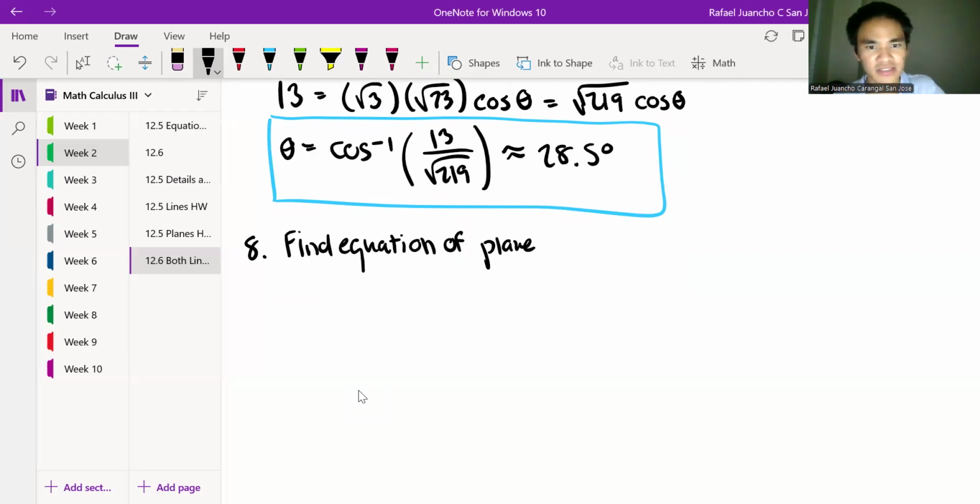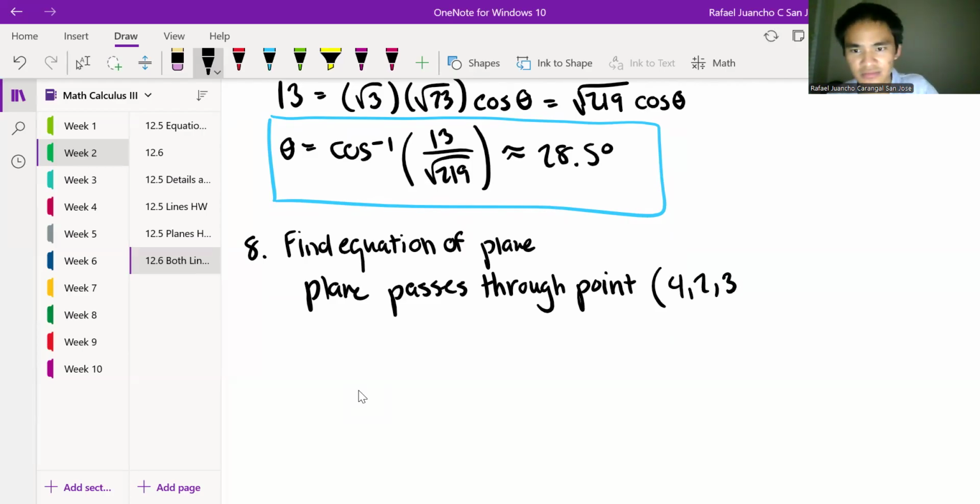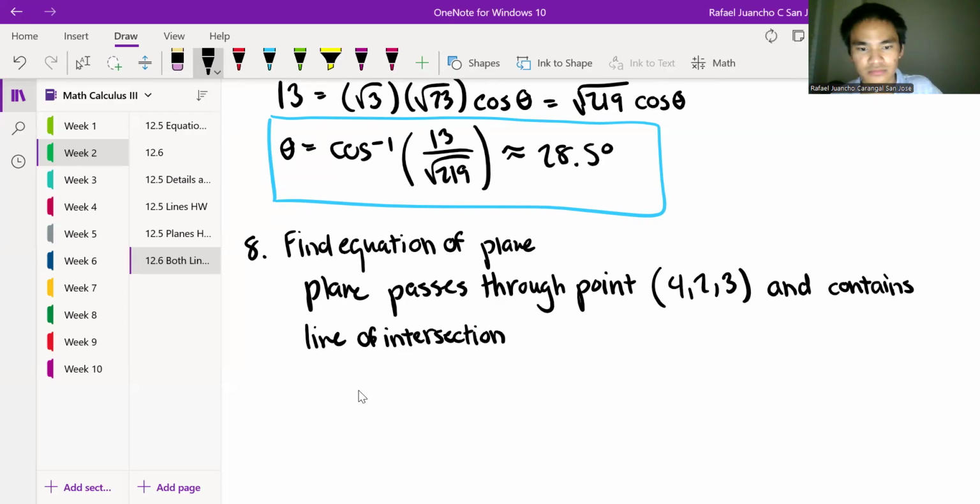This plane passes through the point (4, 2, 3) and contains the line of intersection of planes.